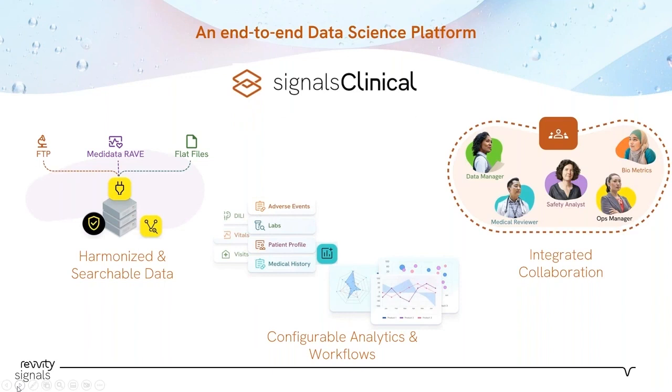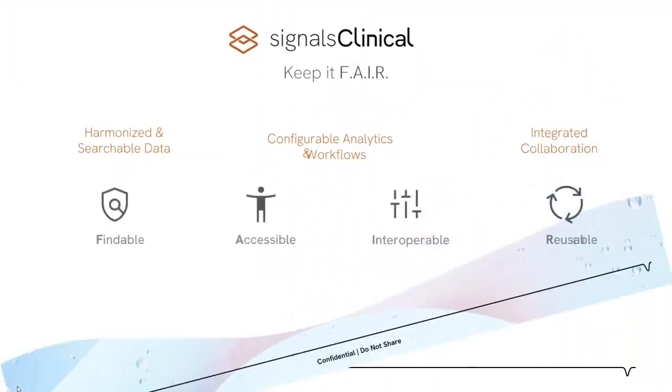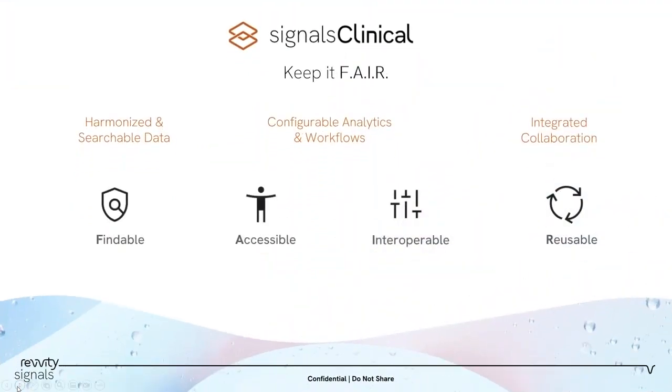And this is where Signals Clinical comes in, our new end-to-end data science platform. But the one thing we're doing with Signals Clinical is we are keeping it FAIR. And what do I mean by FAIR? FAIR is a set of guidelines that have been used for a while in research.